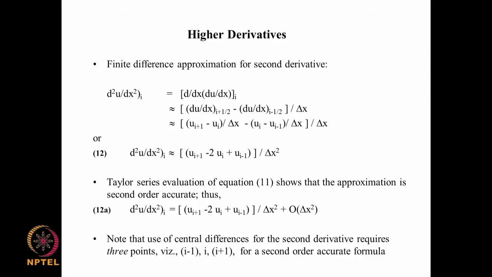So what is the order of accuracy for this approximation? If you want to find that, you can express ui plus 1 in terms of Taylor series expansion around point i. You can also expand ui minus 1 in terms of ui and derivatives of u at i around point i, and then substitute them into this, and then you will see that the difference between this and the right hand side, which is the truncation error, is of second order accuracy.